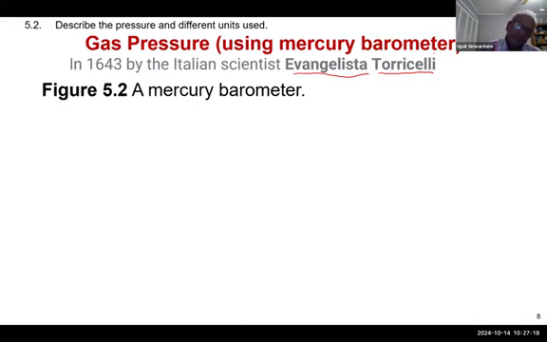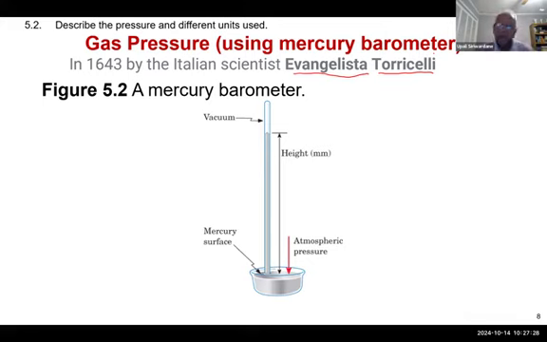This instrument he used is called a barometer, made out of mercury. What he did was he filled up a mercury tube with mercury. I cannot draw.